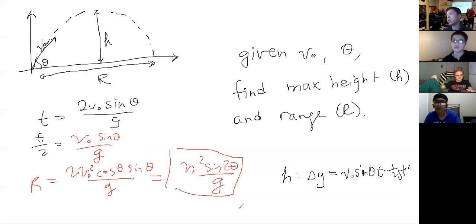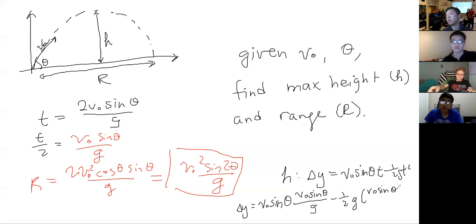So delta y is equal to v naught sine theta times v naught sine theta over g minus half times g times v naught sine theta over g squared. I'm running out of space.